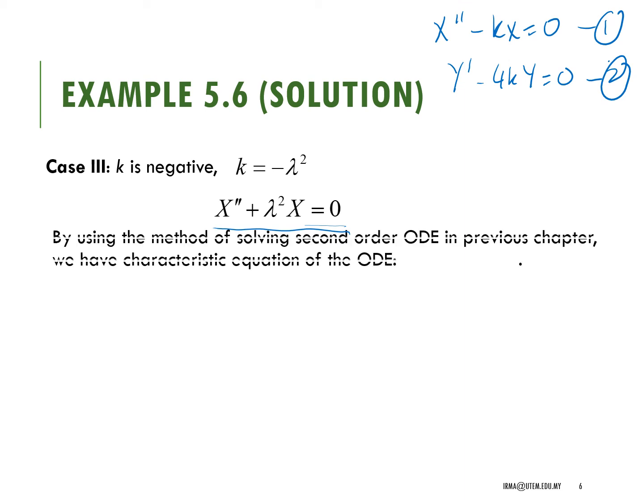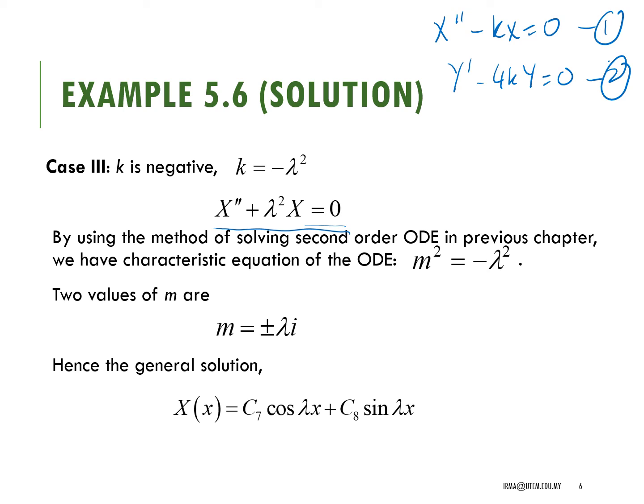Using the same process, you write in terms of the characteristic equation, and we will get m square equal to negative lambda squared, and therefore m is equal to plus minus lambda i. Because you have square root of negative, it will give complex numbers, which is plus minus lambda i. So for complex conjugate, we have the general solution, which is C7 cos lambda x plus C8 sin lambda x.